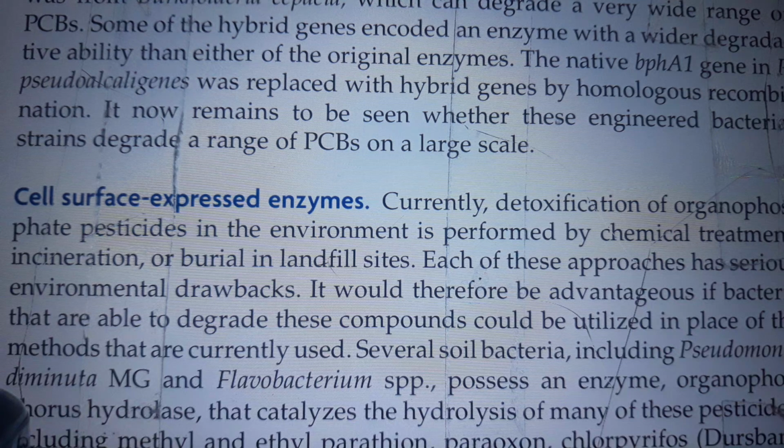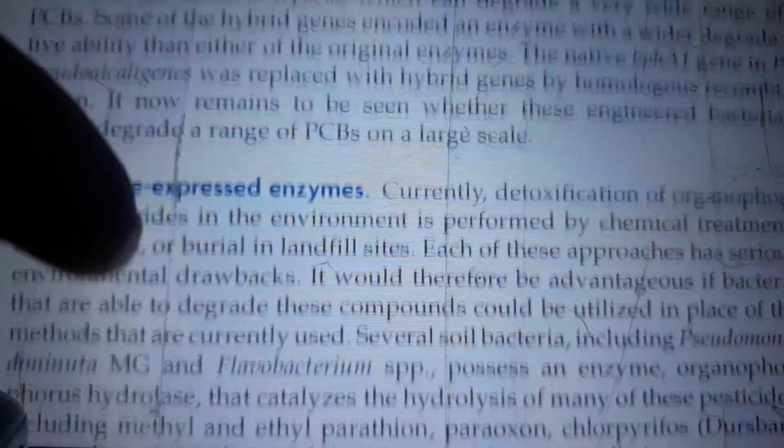Some of the hybrid genes encoded an enzyme with a wider degradative ability than either of the original enzymes. The native BPH-A1 gene in P. pseudoalcaligenes was replaced with hybrid genes by homologous recombination. It now remains to be seen whether these engineered bacterial strains degrade a range of PCBs on a large scale.